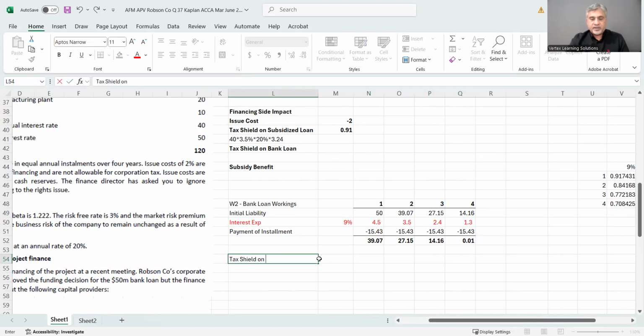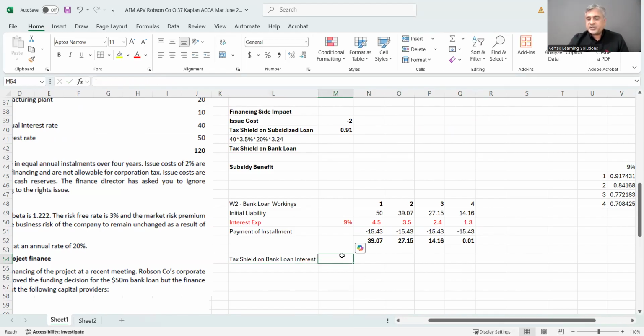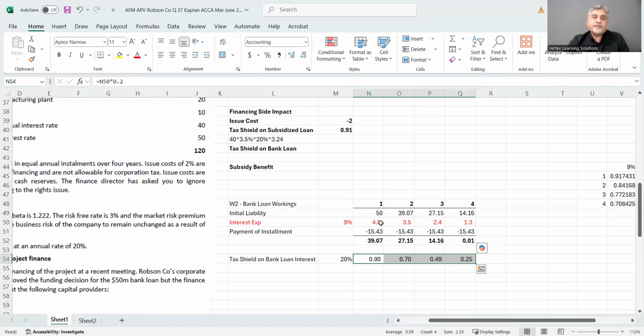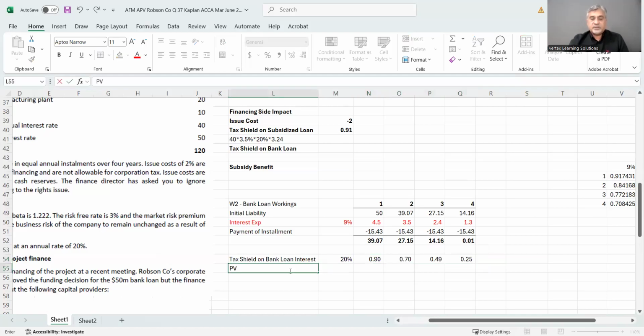Tax shield on bank loan interest. How do I calculate that? The tax rate is 20%. 20% of what? 20% of this amount. So this is the tax shield you are getting. Then you have to find the discount factors.